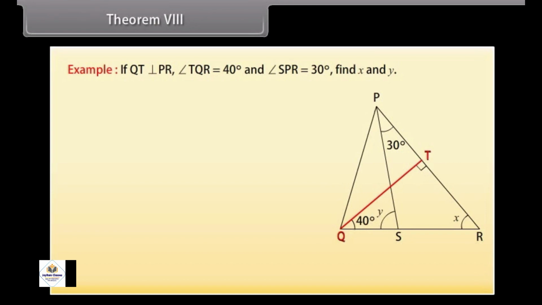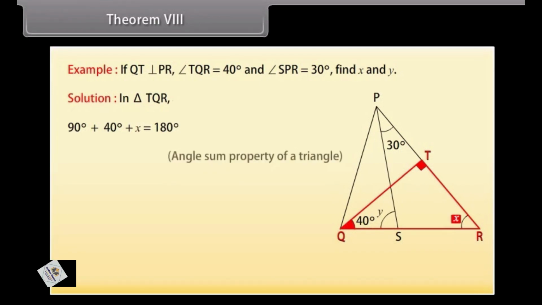If QT is perpendicular to PR, angle TQR is equal to 40 degrees and angle SPR is equal to 30 degrees, find x and y. Solution. In triangle TQR, 90 degrees plus 40 degrees plus x is equal to 180 degrees, because of the angle sum property of a triangle.